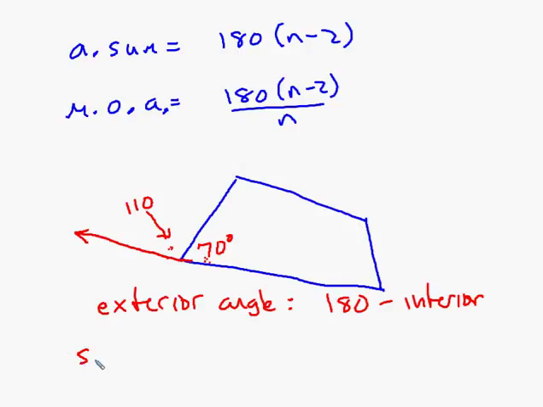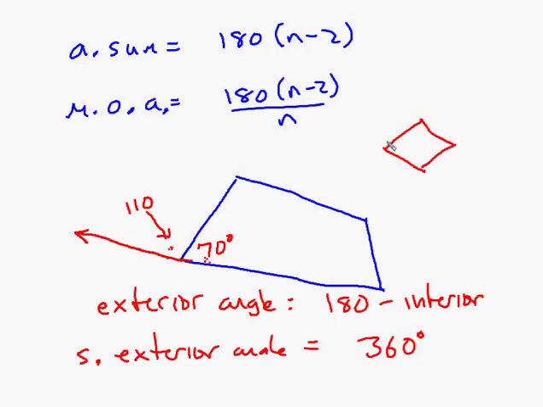The sum of the exterior angles is going to equal 360 degrees, no matter the shape. So if I have a square, let's just use my pathetic square right there. So these are all 90. Let's just prove it with that.